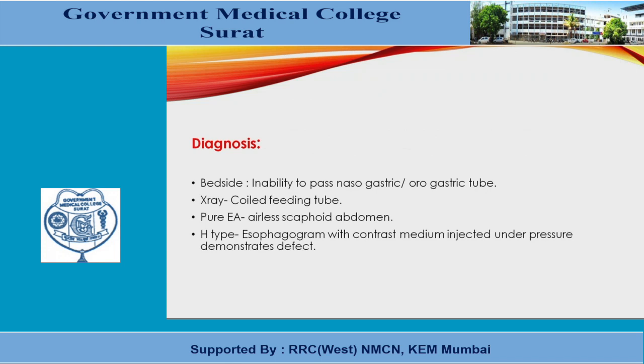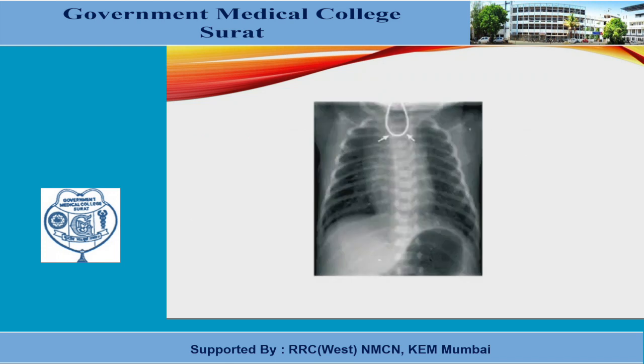In pure esophageal atresia, where the fistulous connection is not present in the lower part, an airless or scaphoid abdomen may be present. In H-type fistula, an esophagogram with contrast medium injected under pressure will demonstrate the defect. Here in this X-ray, we can see that the feeding tube does not pass up to the stomach, and it causes coiling at the upper part.